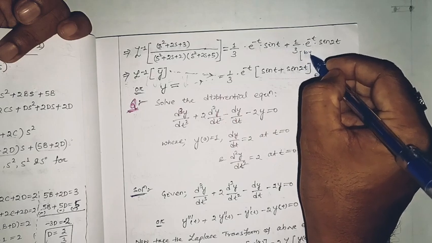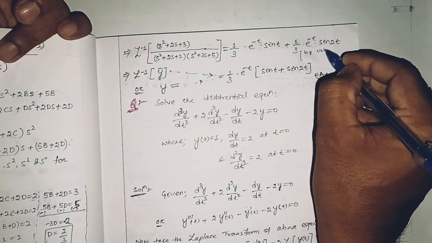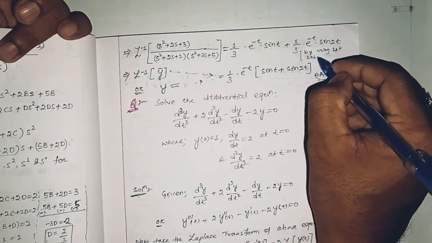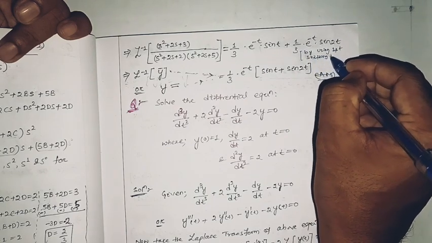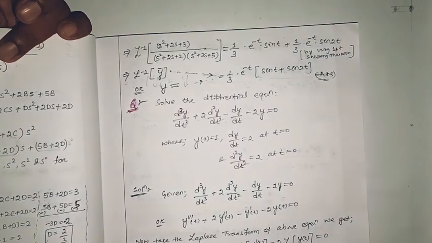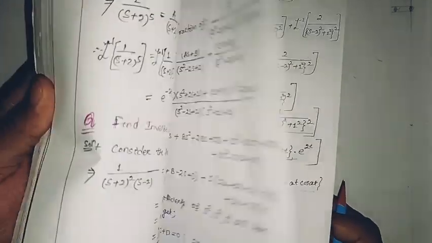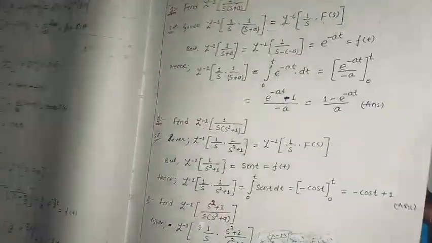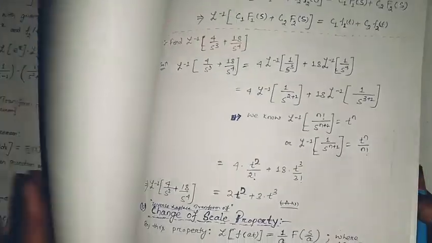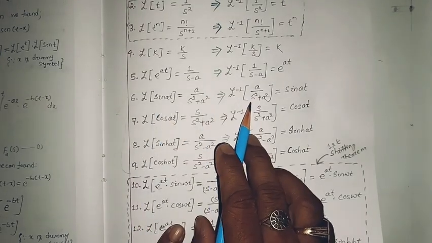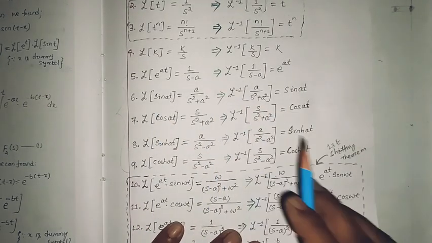I have to write over here by using first shifting theorem or property, because as we already discussed several times, if we have a by s square plus a square, this is sine at.